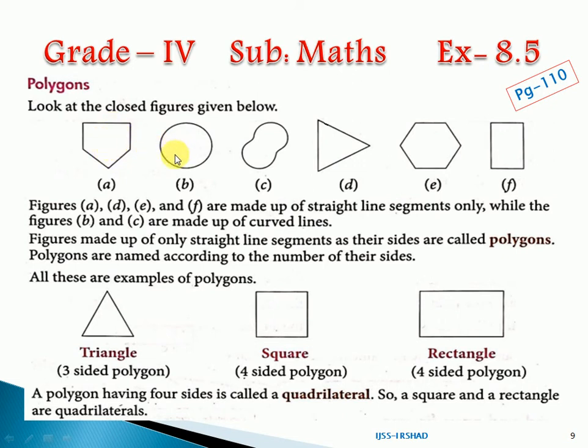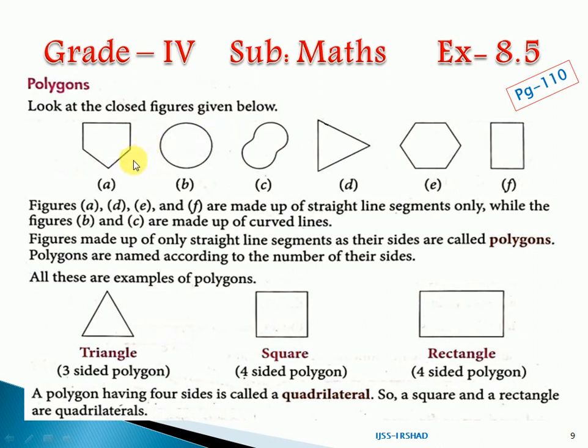And the other figures which are not made up of straight line segments, which are made up of curved lines, those figures are not called polygons. So here in these figures you can see all are closed figures. Here you have to identify which are polygons and which are not.